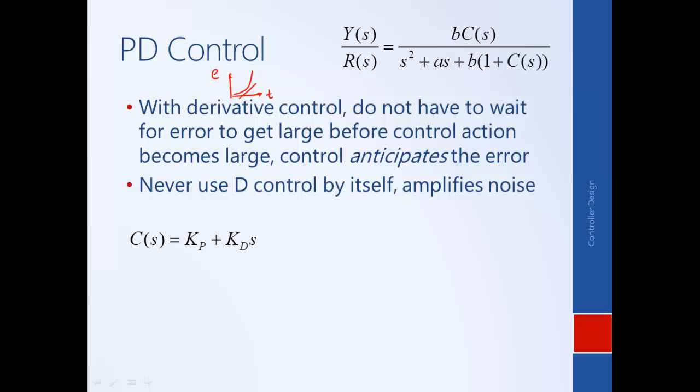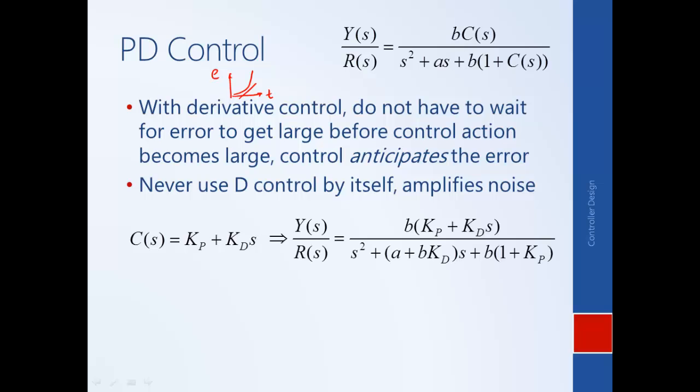So here's our controller. It has a constant that's proportional to the error, and then multiplication by s causes differentiation of the error, and another constant to make the control proportional to the derivative of the error. If we substitute it into our closed loop transfer function and rearrange, this is the closed loop transfer function that we get.